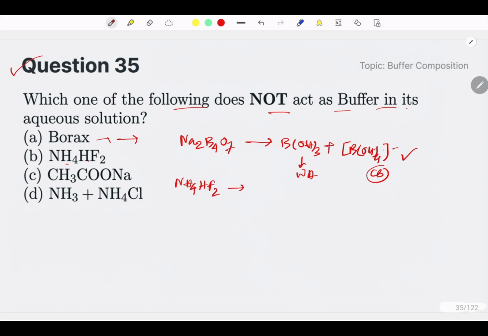when this dissociates, it will form NH4 plus and HF2 minus. This is a weak base and this is a weak acid, actually a conjugate base kind of thing. So it will also form a buffer, because it can supply the F minus, so that's why weak base.